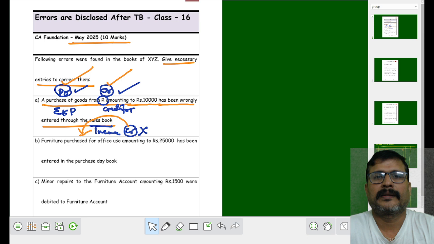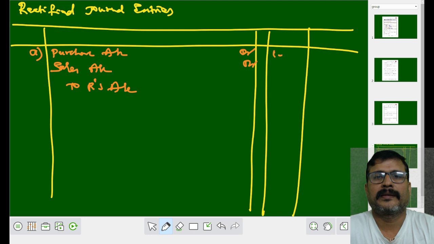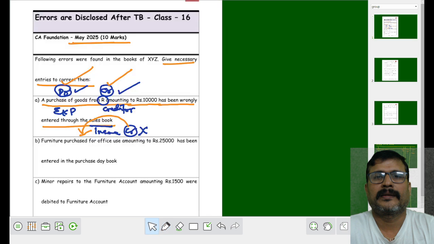It is an amount of rupees 10,000. Now, can you tell me what might be the narration? Being wrong credit in sales book is rectified. Shall we move on to the next one?